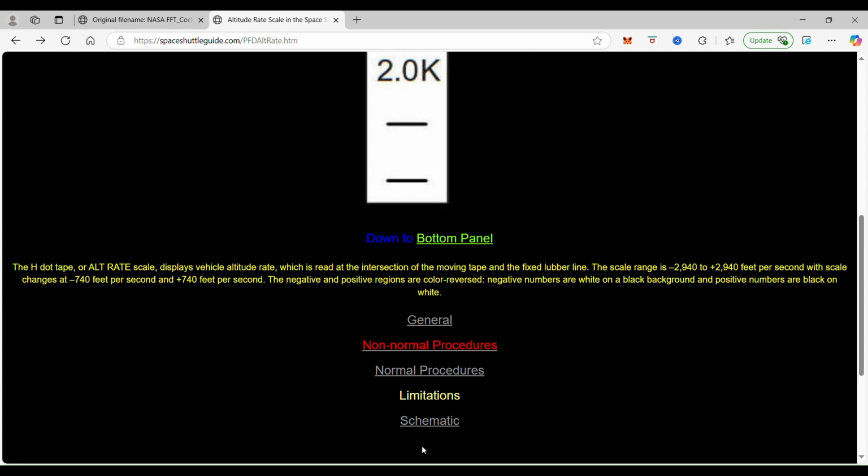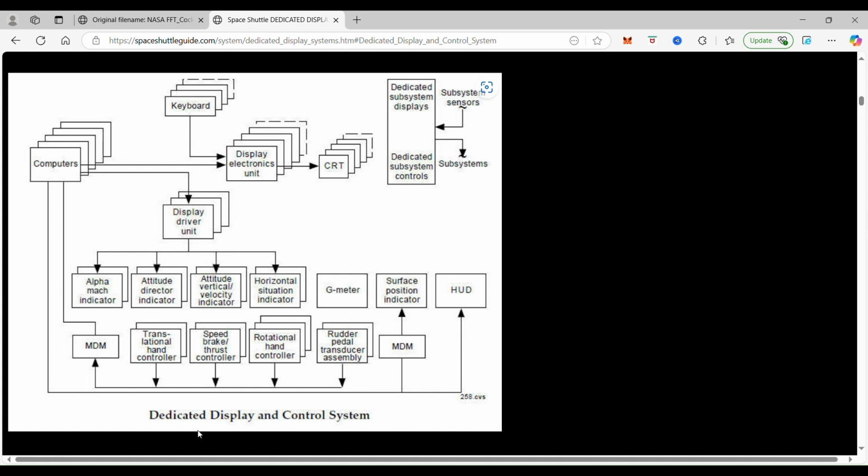And if you click on Schematic, it takes you to the dedicated display and control schematic as we see here. We have our computers and our driver display, and that's going to come down here into our indicators. But right here we have the vertical velocity indicator. Right here in the display driver unit, that is where this gauge lives and works, and it displays that vertical velocity as we've seen.